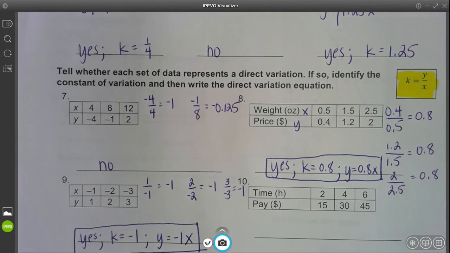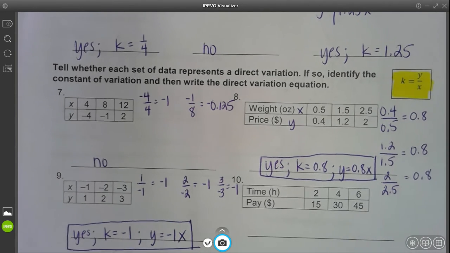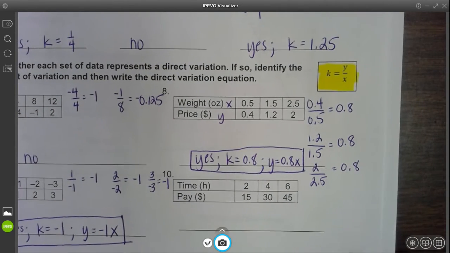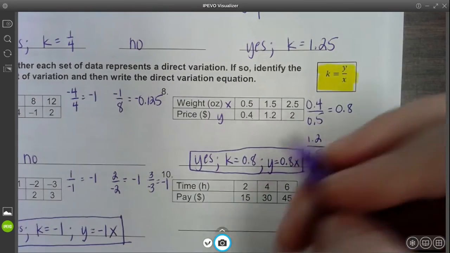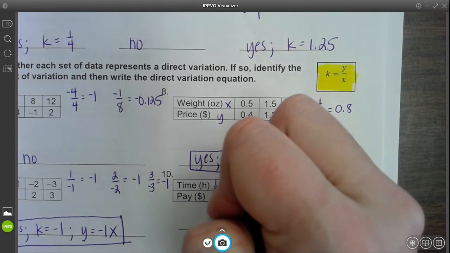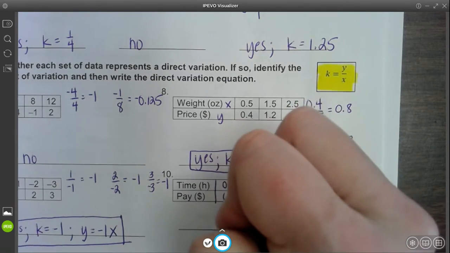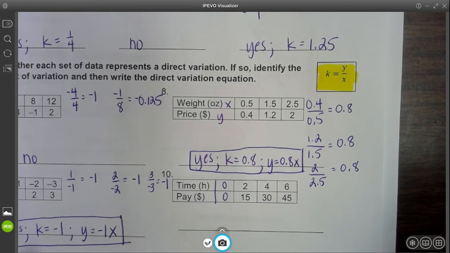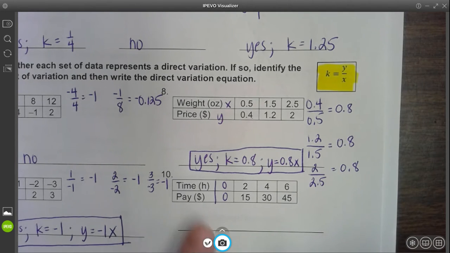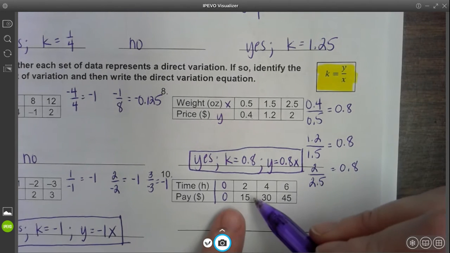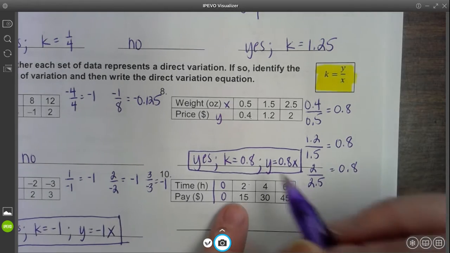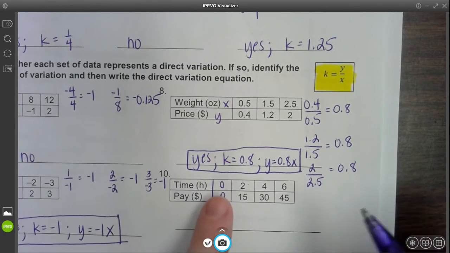All right, and this last one, we're going to do the same thing. I'm just going to give you a heads up. Sometimes in the table, they might add the 0, 0. I'm going to talk about that along with this problem. So if I have 15 over 2, I'm going to do the 0 last.